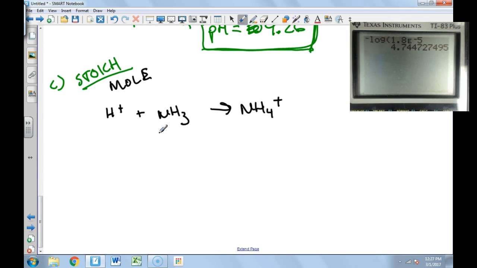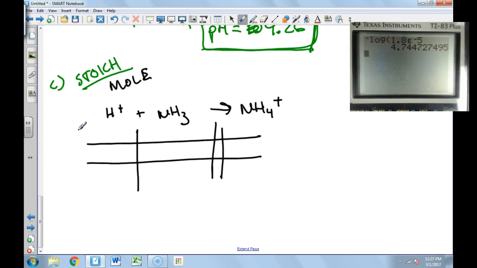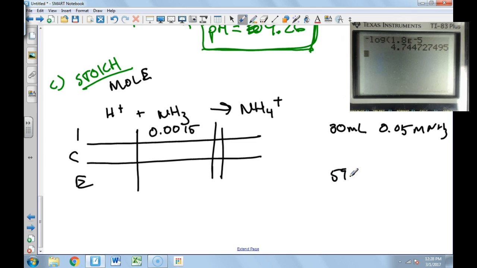So now this is still the same, ICE. This is still the same. This is still 0.0015 because that's still 30 milliliters of 0.05 molar NH3. But what's changed is now we have 59 milliliters of the 0.025 HCl.